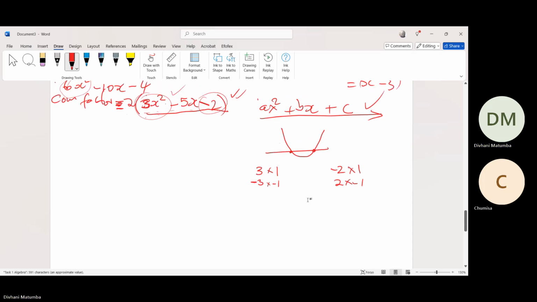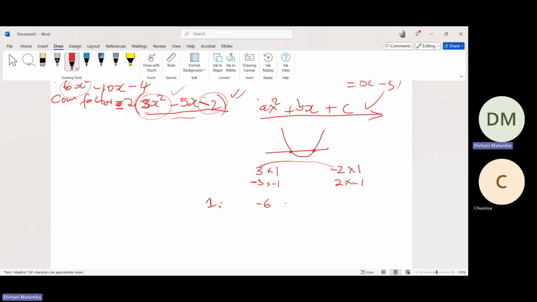Now, the aim here is to find out if there is any combination that, when you add them, will give you -5. The first combination that I'm going to do will be 3 times -2, which will give me -6.